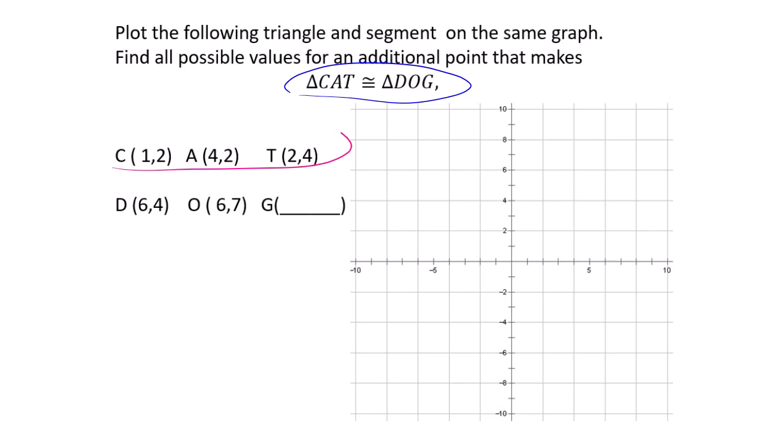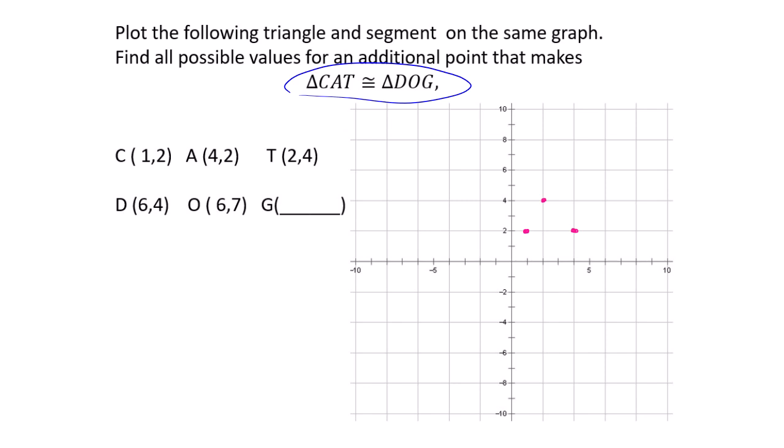So I'm going to plot triangle CAT first. C is at 1, 2, so that's here. A is at 4, 2, so 4, 2 is here. And then T is at 2, 4, so 2, 4 is right here.